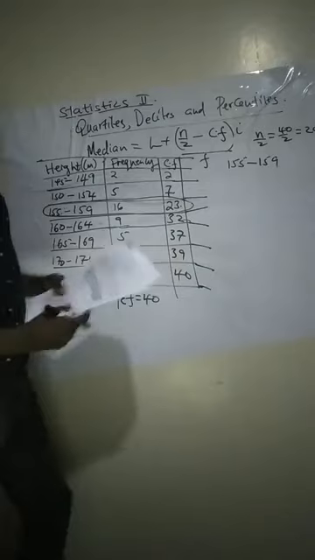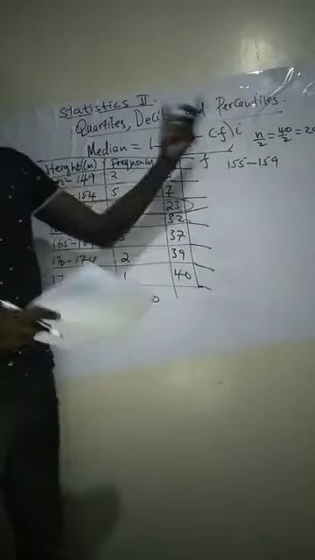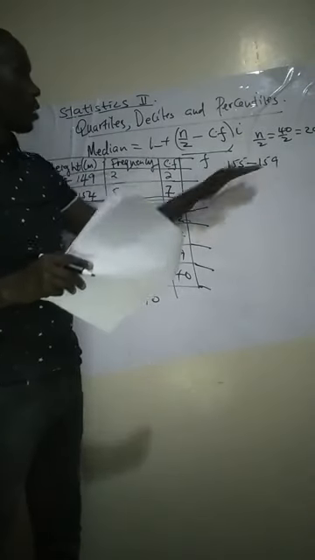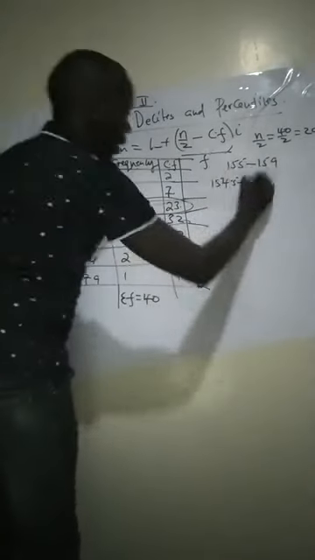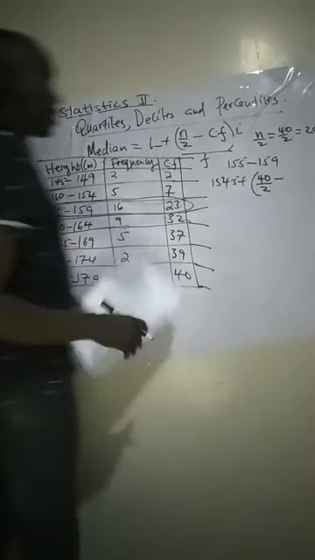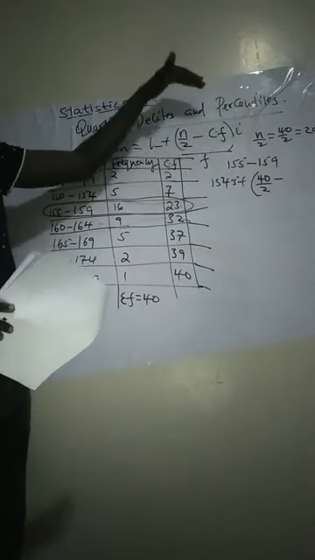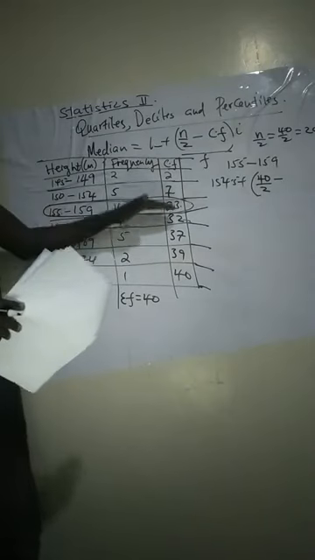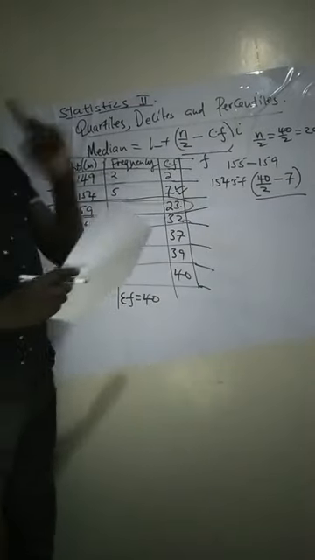To get the median, you just substitute in the formula. L is the lower class limit of the median class, and as we all know, the lower class limit of this class will be 154.5, plus, open the brackets, N over 2, N the total frequency, 40 over 2, minus CF. Now take note, CF is the cumulative frequency above the median class. So above the median class, that is 7, so minus 7, over F. F again is the frequency of the median class, which is 16. So divide by 16, and multiply by I, which is the class interval.